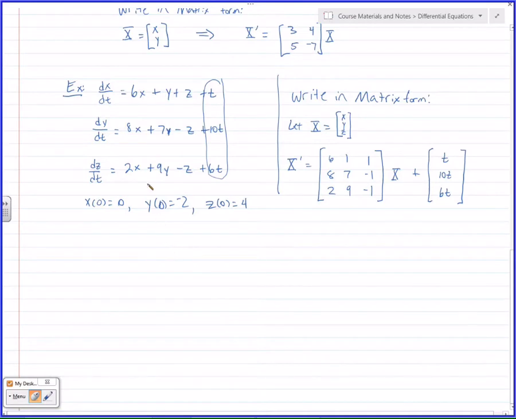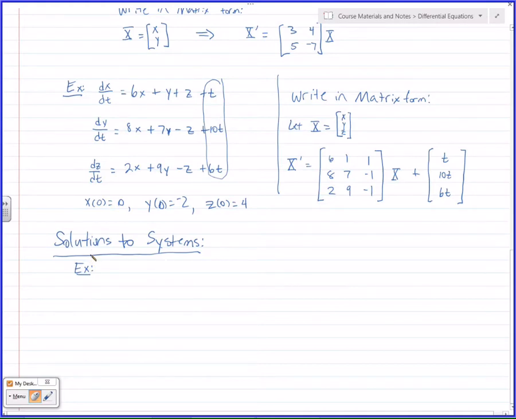Okay, so solutions to systems. Instead of really writing anything out here, I think it should be pretty obvious what it means to do this.